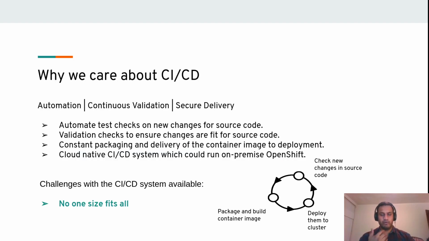Before going into the design and implementation, let me ask you, why do we care about CI/CD? CI/CD is an integral part of the DevOps team, or the DevOps architecture, or the DevOps lifecycle, right? When a developer or a contributor contributes to the source code, they make some new changes.